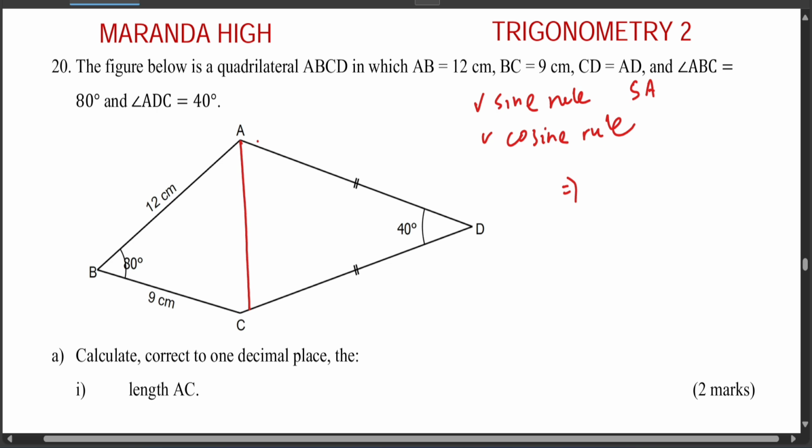Cosine rule is given by this formula, which is a squared equals b squared plus c squared minus 2bc cos A. So in our case, let's use b squared equals c squared plus a squared minus 2ac cos B. Ukiona hapa, opposite side yetu ni b, angle yake ni capital B, and the other sides are a and c.